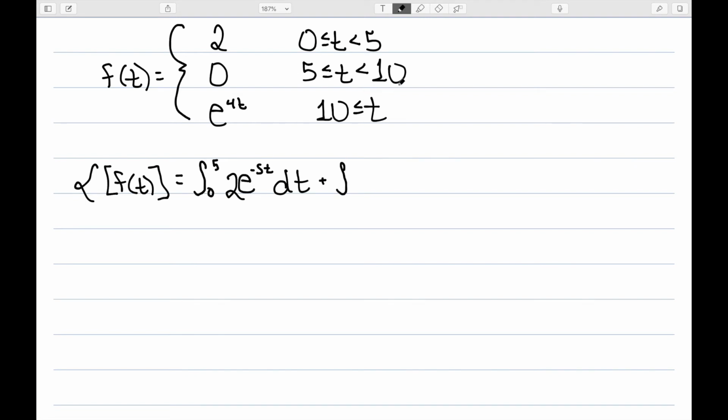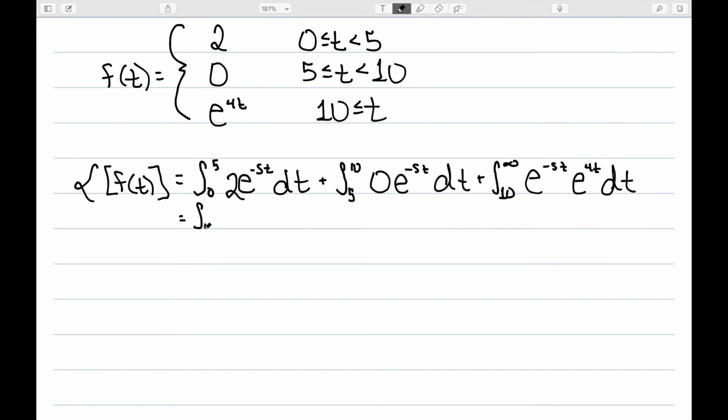My next integral is going to go from 5 to 10, the next piece of this. And this will be 0 times e to the minus st dt. And the final piece, since t is greater than or equal to 10, will need to go from 10 to infinity. E to the minus st times f of t, so e to the 4t dt.